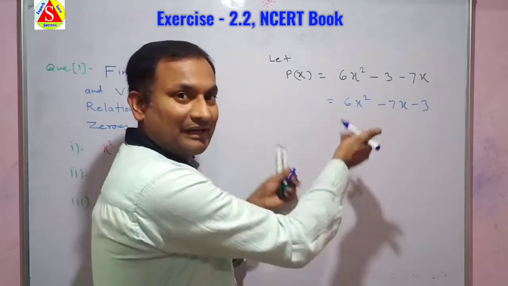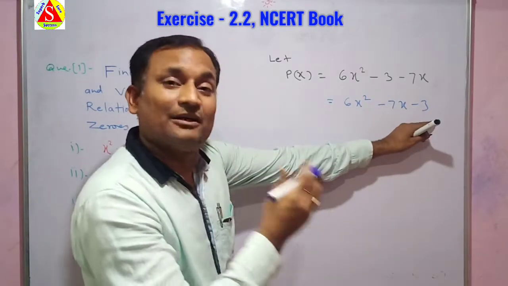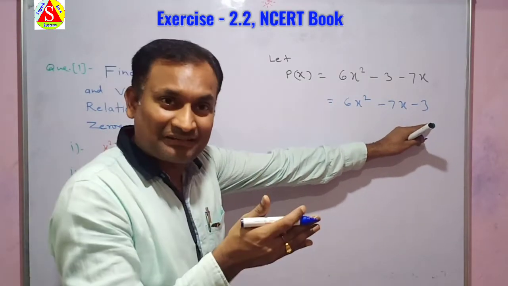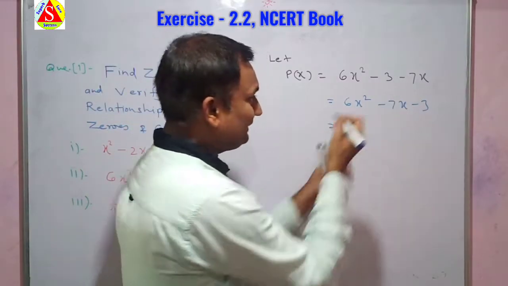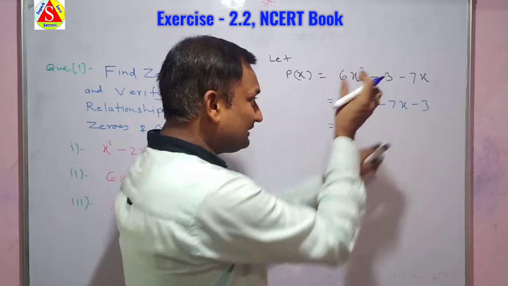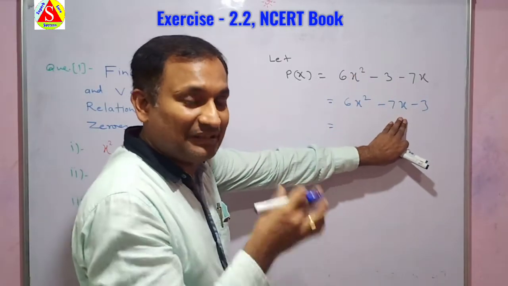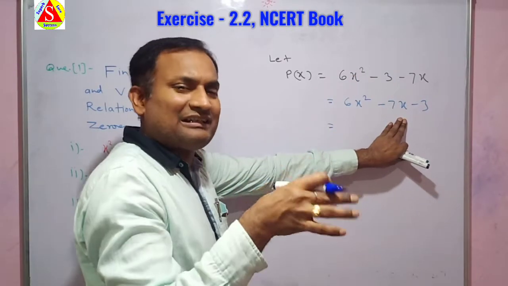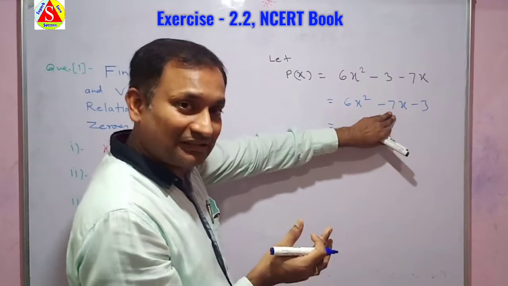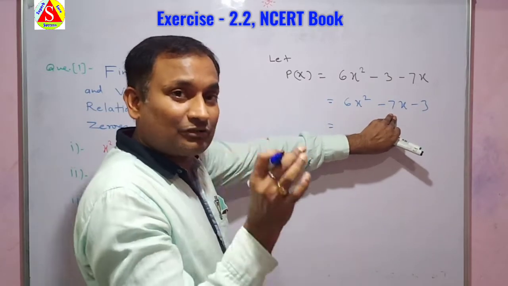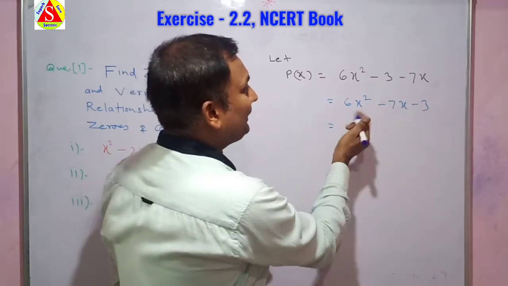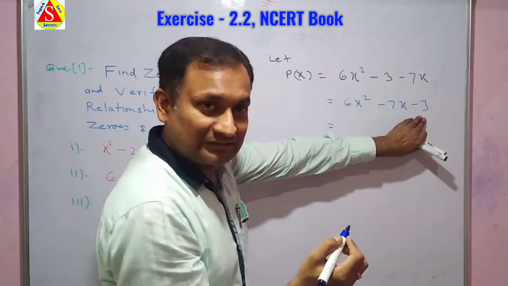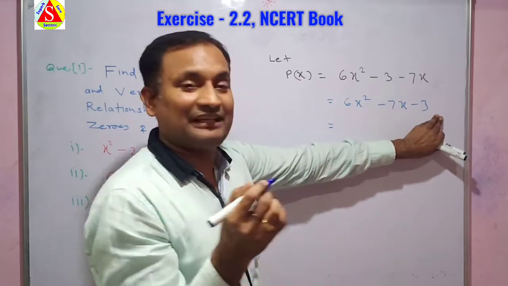So let's find the zeros of this polynomial by using the same method, that is the middle term split method. So dear students, here we will split this 7x, that is the middle term, in such a way that after addition or subtraction we will have this middle term, and the product of those two terms, in fact the coefficient of those two terms, should be equal to 6 into 3, in fact minus 18 here.